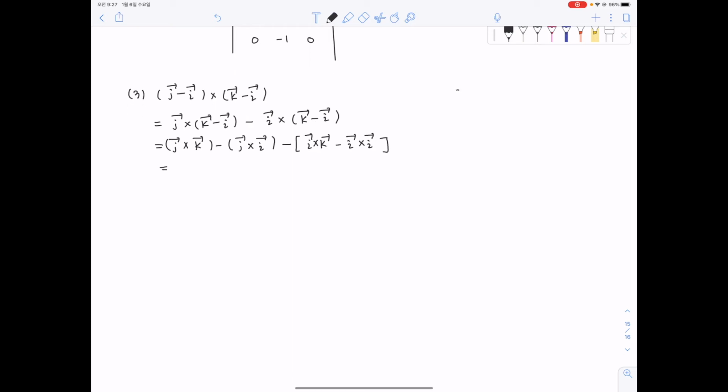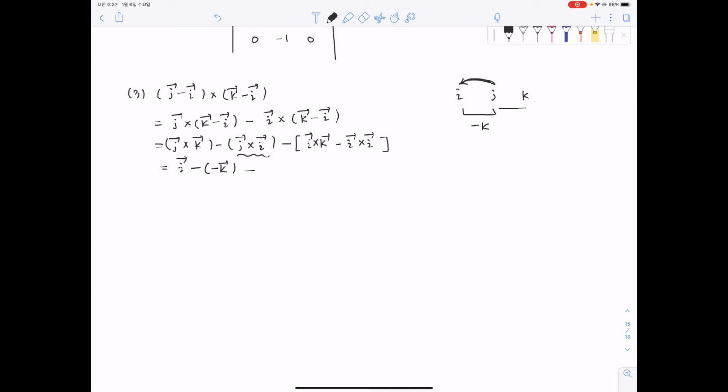So let me see, in the i, j, k order, j with k is i, and minus j times i. j times i is backwards, so it is minus k.